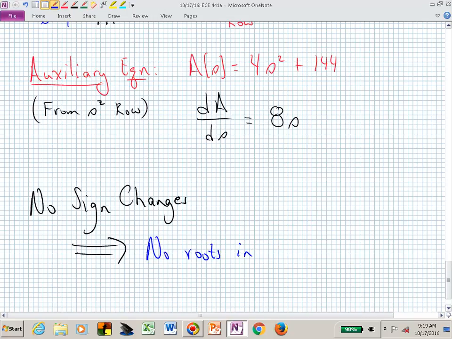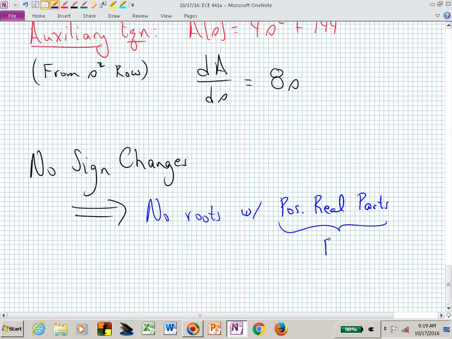Or maybe I should say, just to make it clear what I mean by the right half plane, let me say no roots with positive real parts. And that's the strict right half plane. That's not including the imaginary axis.